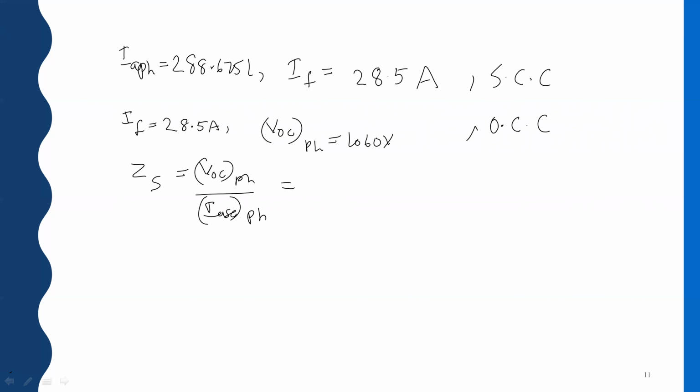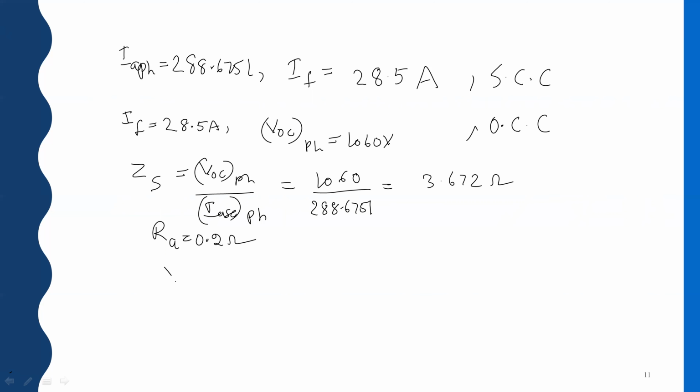I didn't get 1060 accurately because I drew my OCC approximately. Take accurate values, you will get 1060 by 288.6751. I will be getting my ZS as 3.672 ohms. In the problem, RA is given as 0.2 ohms.